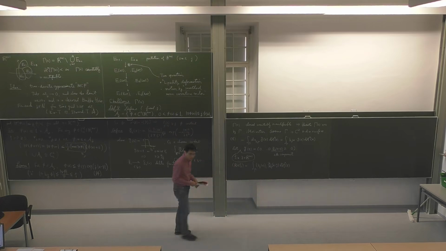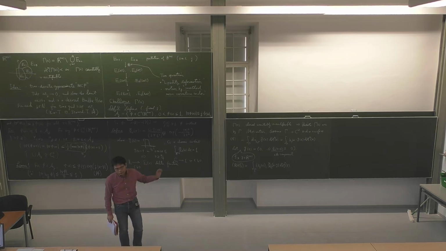I hope it's very clear. I just put in this vector field whose i-th component is Gaussian, and just write out what we have here. That's it.